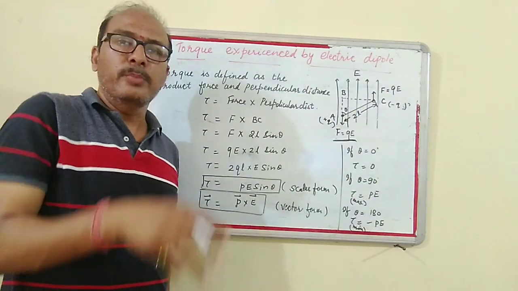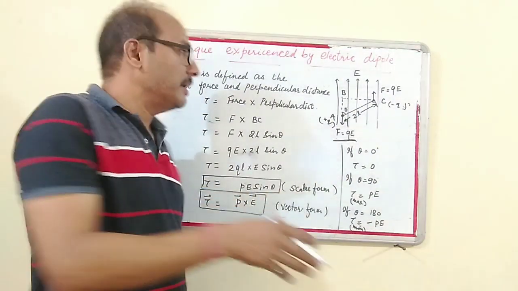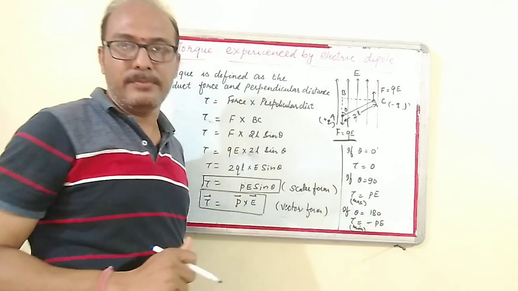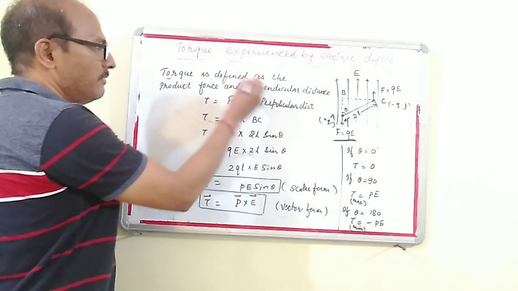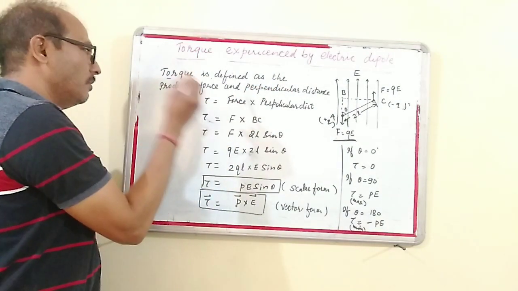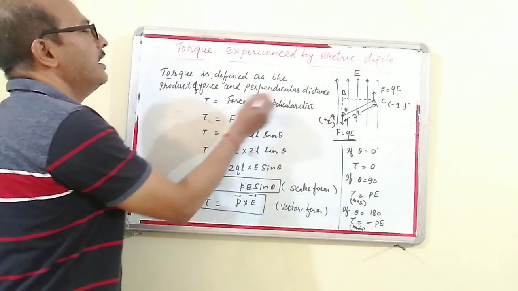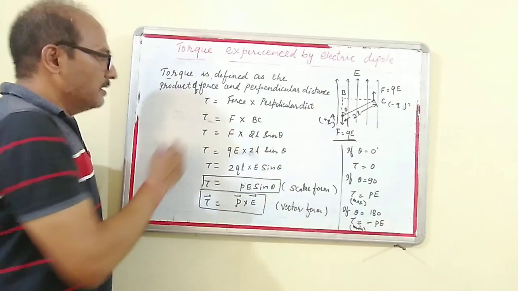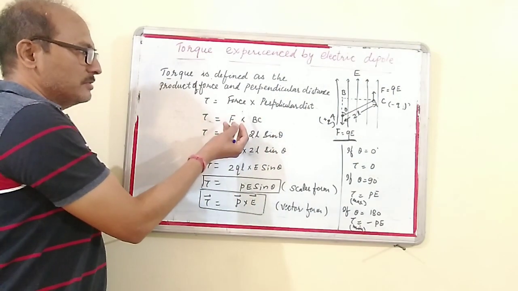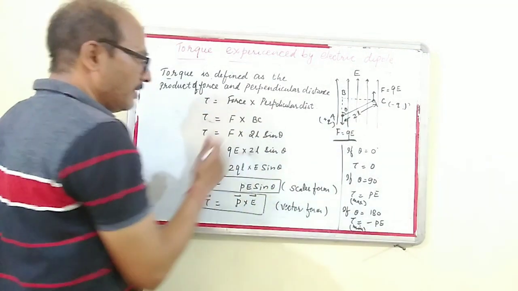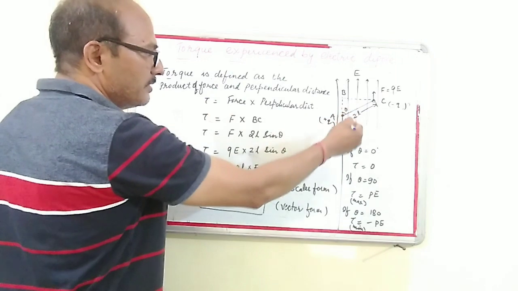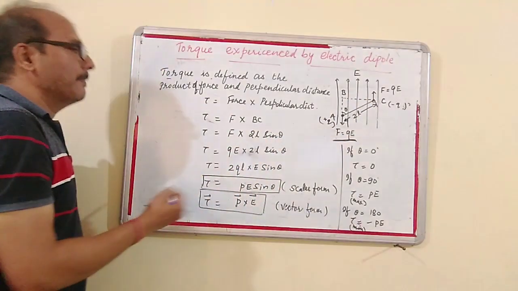They want to bring this dipole into alignment with the electric field, so torque is defined as the product of force and perpendicular distance. So tau equals force into perpendicular distance. The force is F and the perpendicular distance between these two is BC.